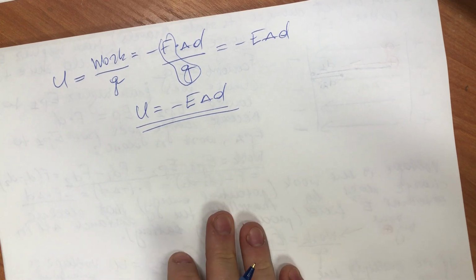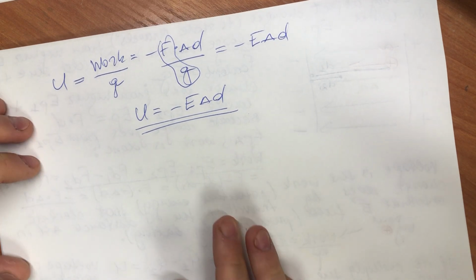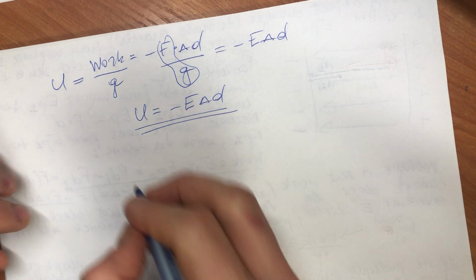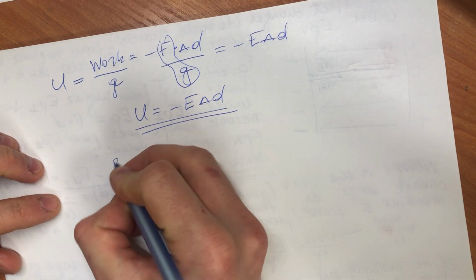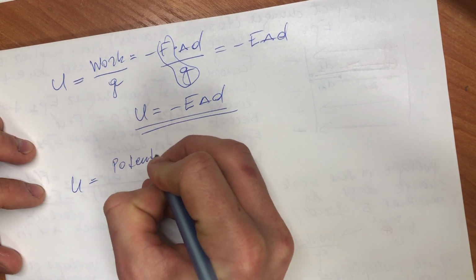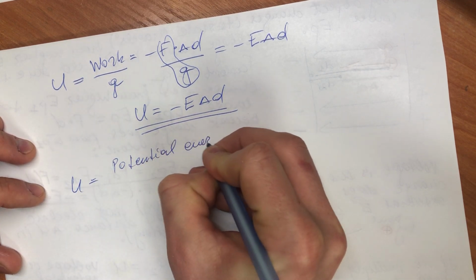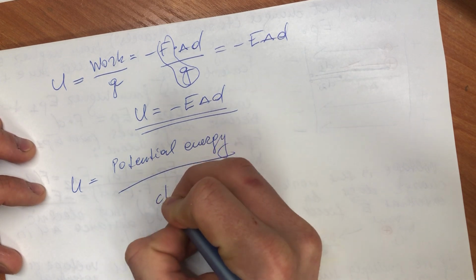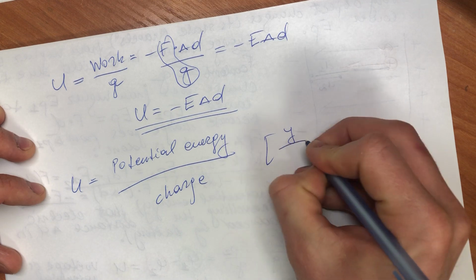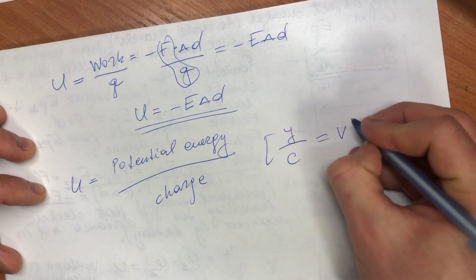Now, since voltage is potential energy divided by charge, the units for voltage are joules per coulomb, or volts.